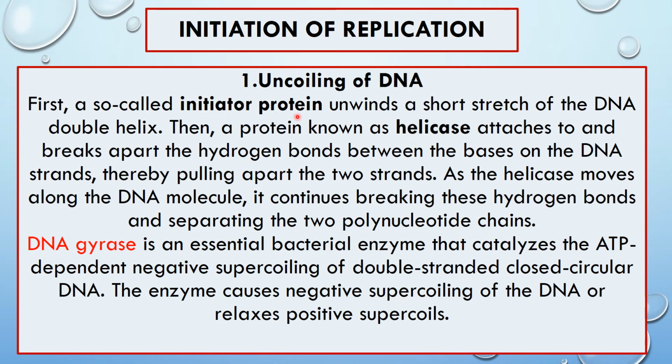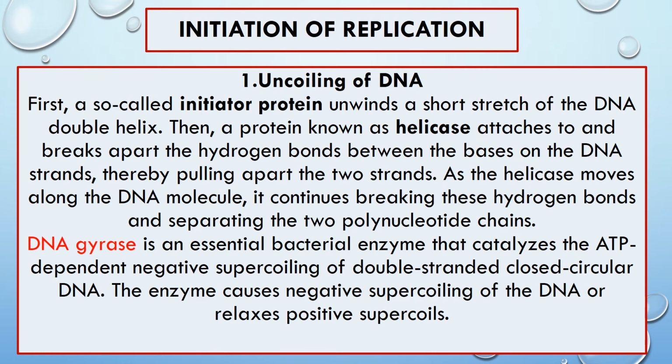Initiator protein unwinds a short stretch of the DNA double helix, while the enzyme helicase attaches to and breaks apart the hydrogen bonds between the bases on the DNA strand, thereby pulling apart the two strands. As the helicase moves along the DNA molecule, it continues breaking these hydrogen bonds and separating the two polynucleotide chains.